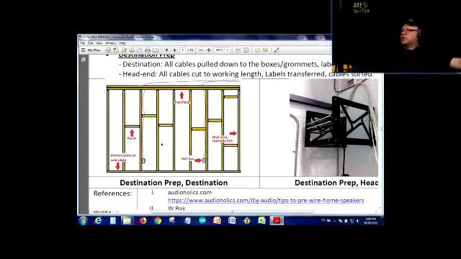If there are 2 people, 1 person can pull the cables down to location, maybe drill some extra holes, put them into the device boxes, and even terminate the wires. Or sometimes you leave them there without terminating, because you wait for the drywall to come in and the paint. So that depends.